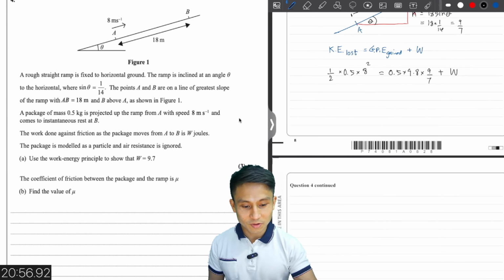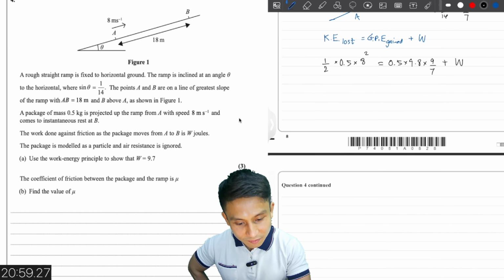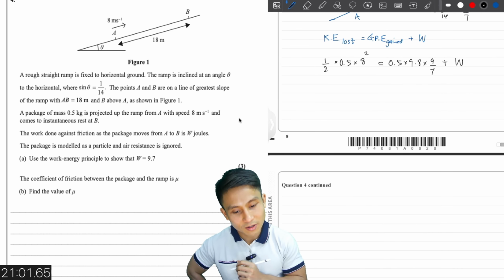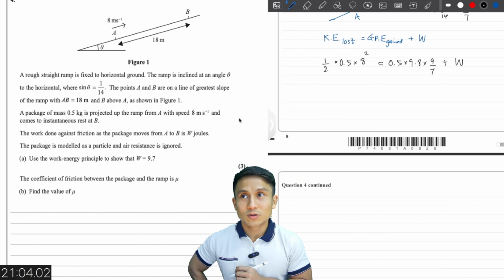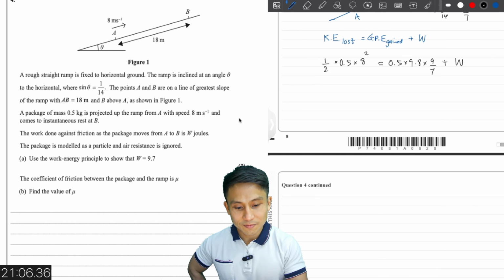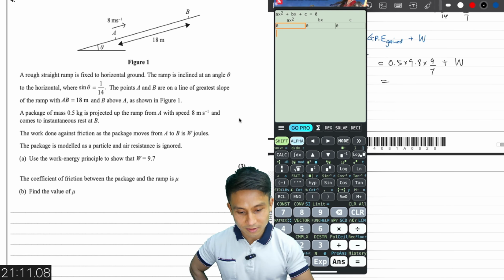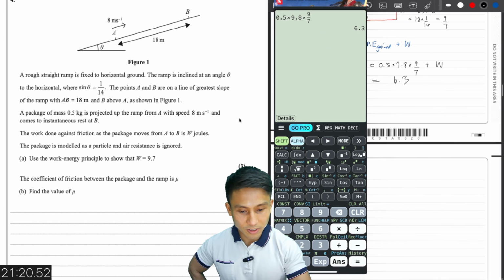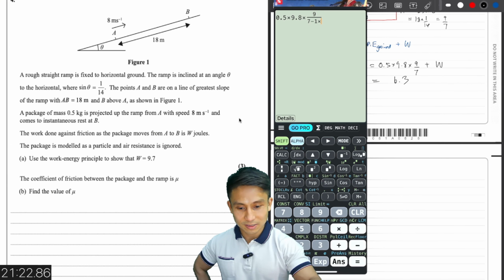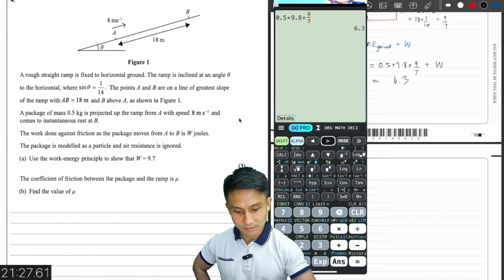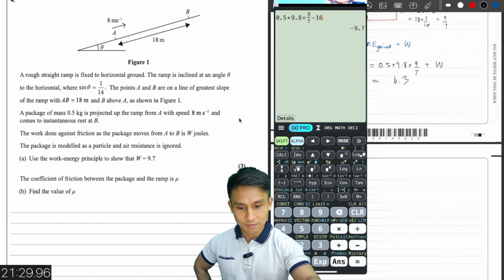We're just going to prove that W equals that, so let's simplify the math here. This is 1 over 4 times 64, so that's 16. Equals, hang on, let me get a calculator. 0.5 times 9.8 times 9 over 7 is 6.3.